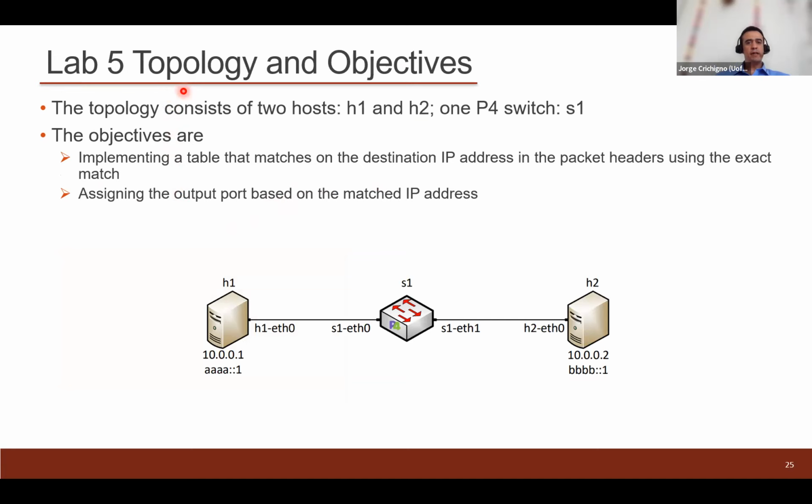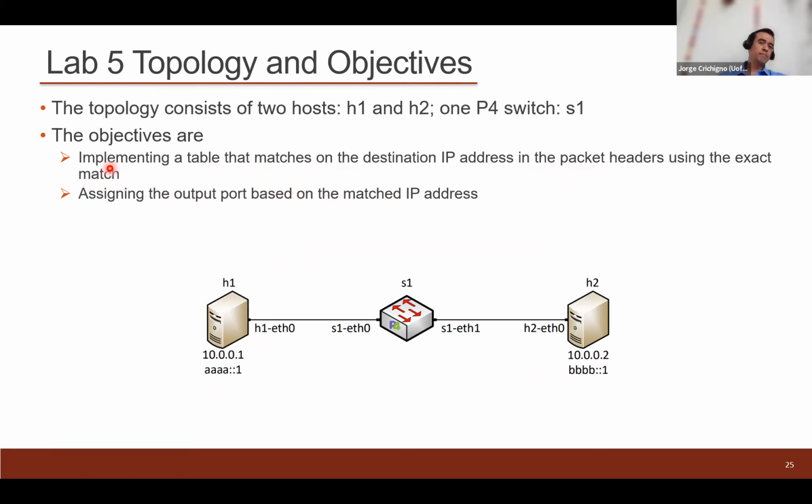In lab number 5, we will use tables. The topology is again a simple topology, 2 hosts, H1 and H2. The IP addresses are the same as the ones we used in lab number 4. We will be implementing a table that matches on the destination IP address of packets using exact matching.